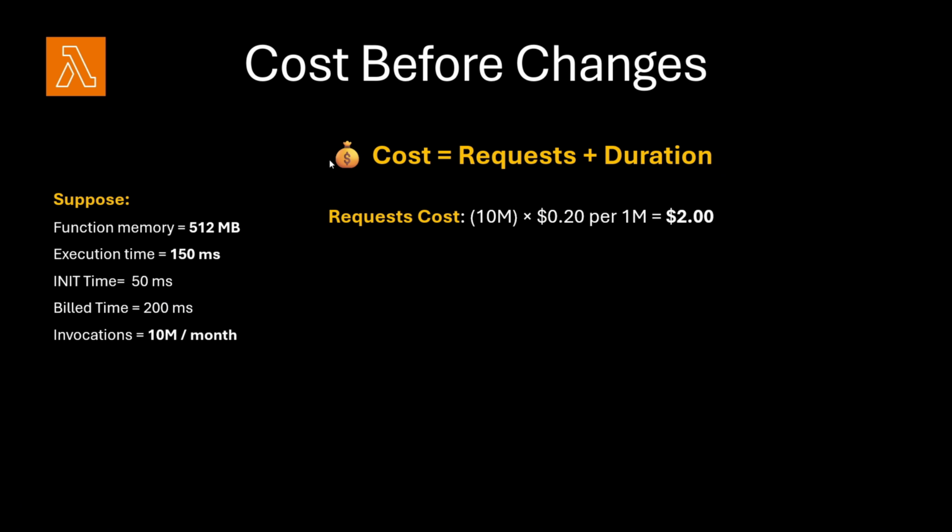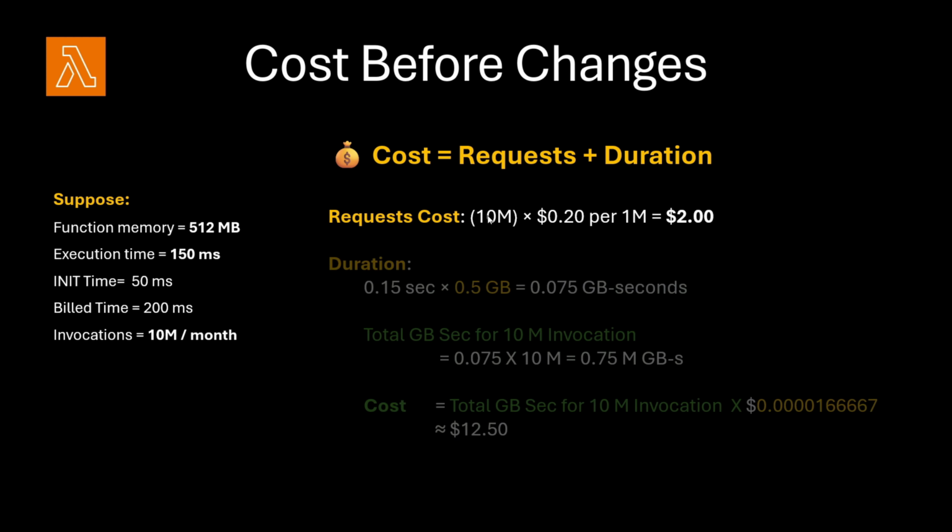Based on the number of requests, you will see a cost, and then based on the execution duration and the memory allocated to your function, you will see a separate part of the cost calculation. The sum of both is the total cost of your Lambda function. For the request cost, we have 10 million requests per month, and AWS charges you a flat $0.20 per 1 million requests. So for requests, you would be charged $2.